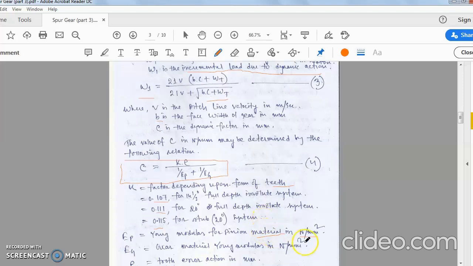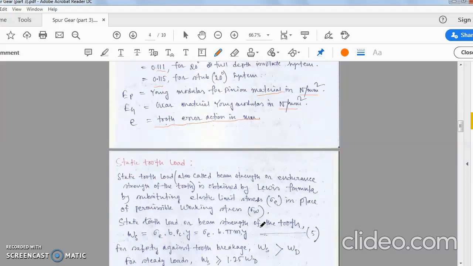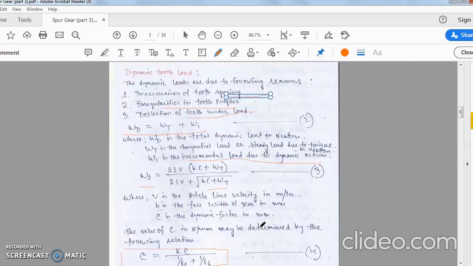Here EP is in Newton per millimeter square, EG is the gear material Young modulus in Newton per millimeter square, and E is the tooth error in action in millimeter. You have noticed there are several formulas. Each formula you will have to remember, and this is the criteria of gear tooth design.